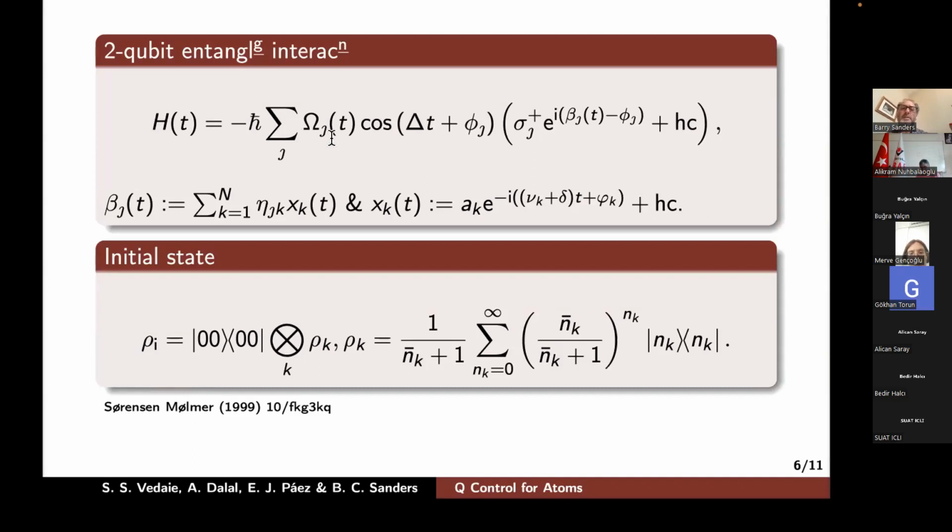We have the Rabi frequency for each ion, which eventually is an experimental parameter. The experimentalist can give us data on fluorescence coming out of shining the laser on the ion, and then we're able to write down the Rabi frequency for each ion, calibrate that. We have a cosine of delta t plus phi j, that's the detuning that we control, times time, plus a phase term.